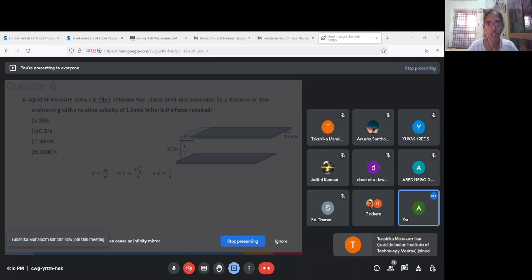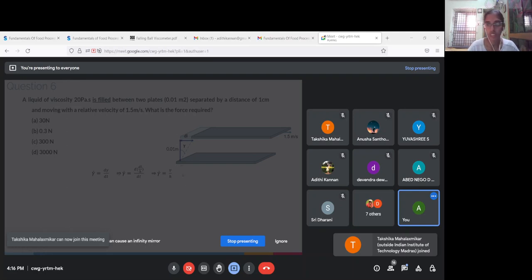So if you substitute gamma here, you will have d by dt of dl by h. So h you can take out of the derivative. So dl by dt will be equal to velocity. So the shear strain rate is equal to velocity by height.